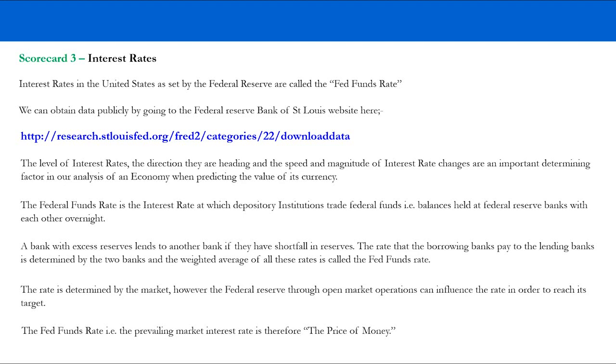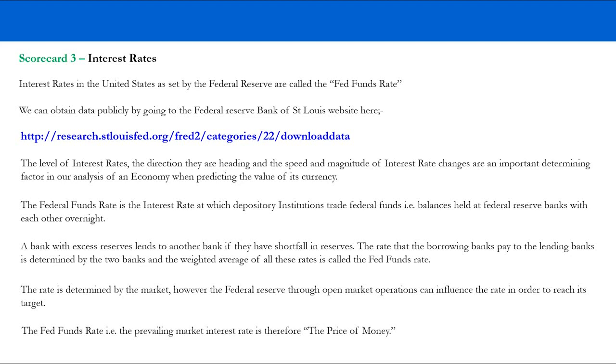And as we just went over again, the Fed funds rate is the interest rate at which depository institutions trade federal funds, so balances held at Federal Reserve banks, with each other overnight. And a bank, as we discovered earlier in the video series, with excess reserves basically lends to another bank if they have a shortfall in reserves.